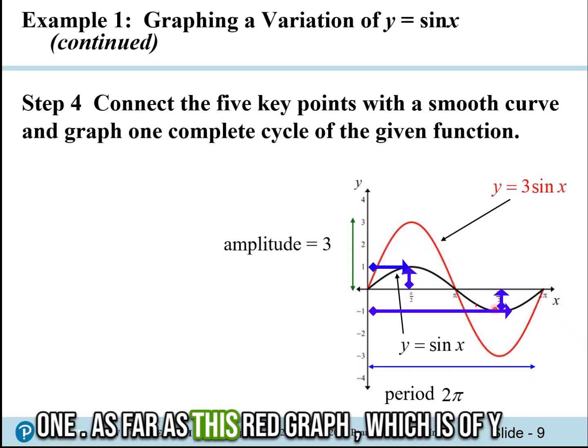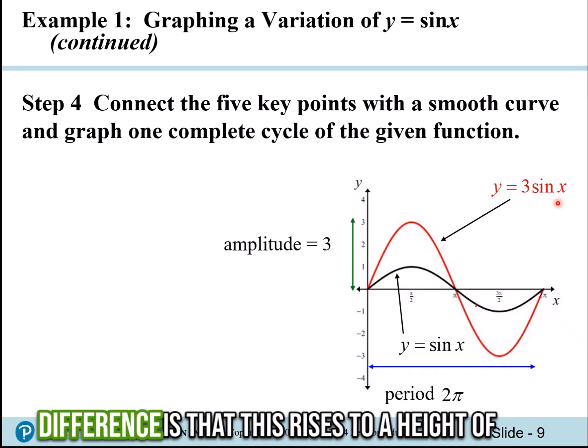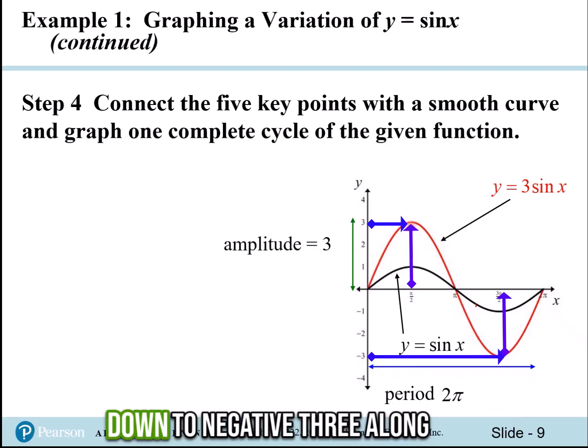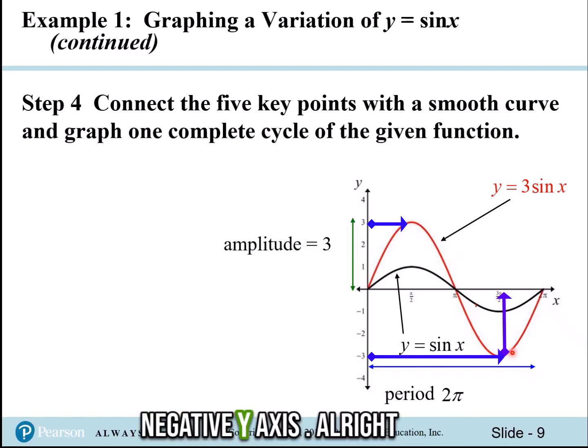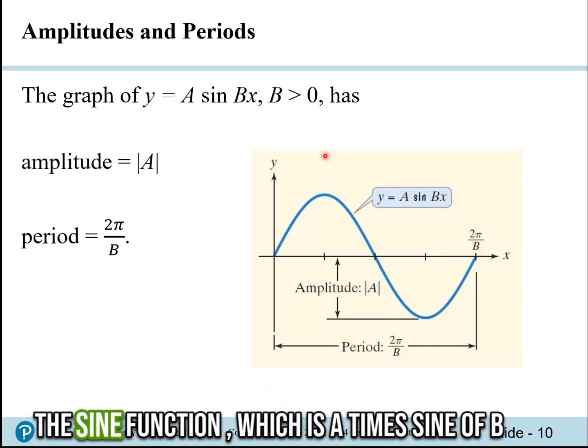As far as this red graph, which is of y equals 3 times sine of x, the only difference is that this rises to a height of 3 units along the y-axis and 3 units down to -3 along the negative y-axis. All right?